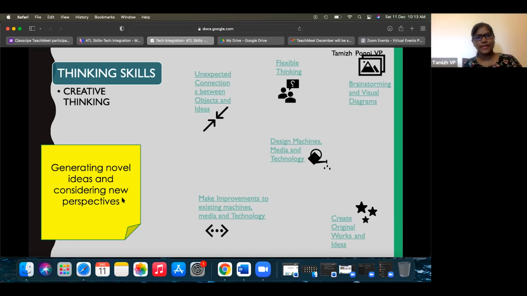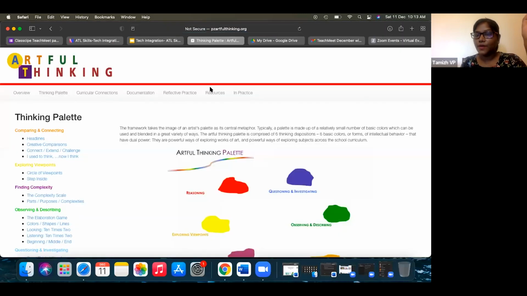So that is also creative thinking. And here, what I like about this is the unexpected connections between objects and ideas, because we always think in a certain way, but then why not take two different elements and connect them and see what kind of connection is happening there. So this is a project by Harvard. It's called Artful Thinking.